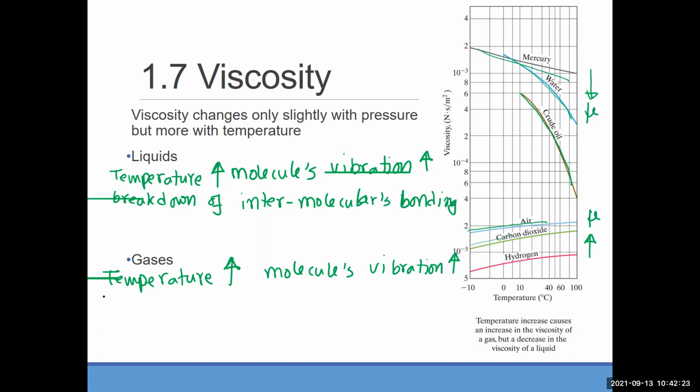The same thing here. From the back, can you read my handwriting? Or is it too small for you? And once there is a loosening of the molecular bonding, what will happen? There will be layers of liquid.